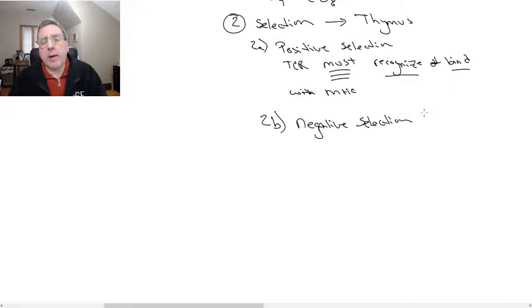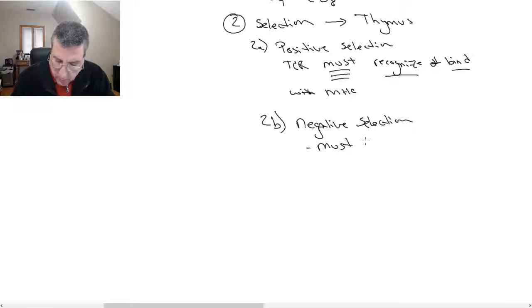What negative selection is, is where the T cell must not bind with self-antigens on an MHC platform. So here, must not bind, well, that's a c with a line above it, which is just a shortcut for with.